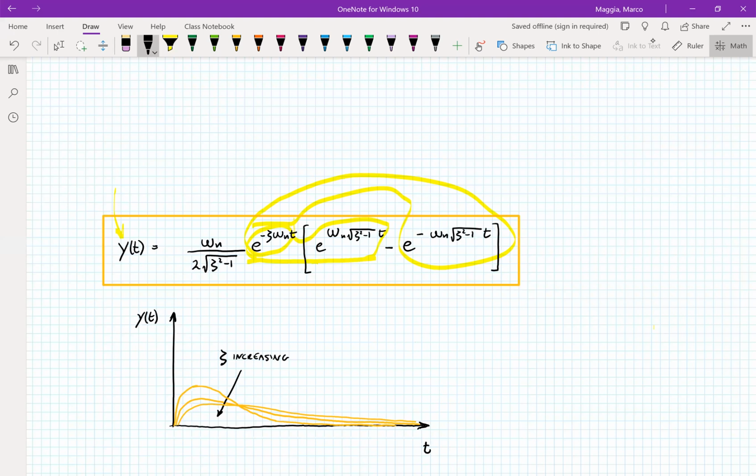As zeta increases, you have a general trend of the plots following this direction. So for larger values of the damping ratio, the function takes more time to get to its final value, that is to 0. All right.